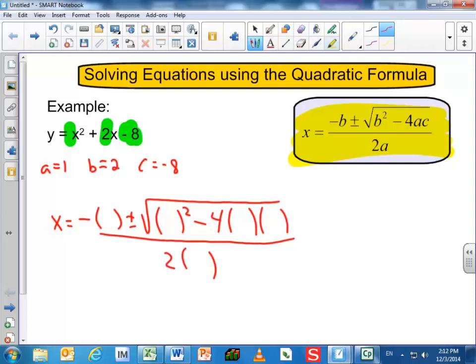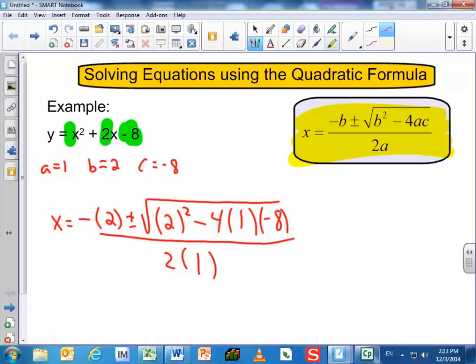Well, my b happens to be 2. And then it's plus or minus the square root of b squared. So I'm going to put my b in again. Then you'll notice over here on the formula, it's a b squared, and after that it's minus 4ac. So I need to fill in my a and my c, and it's divided by 2a. So there's my a on the bottom.